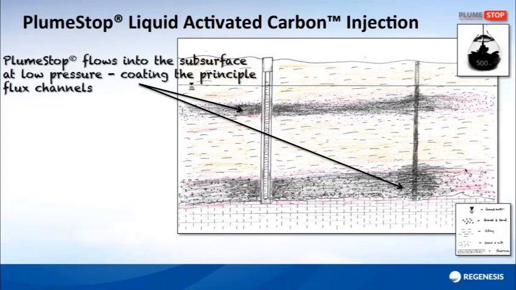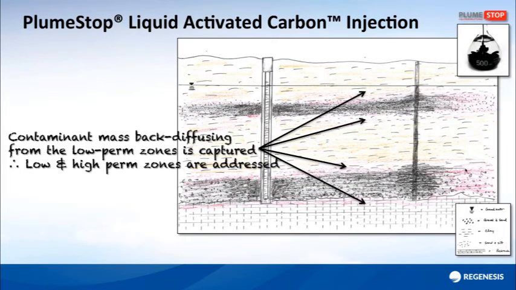Even though not much PlumeStop has got into the lower perm zones and none will have got deep into the competent clays, as the contaminant mass starts to back diffuse out of the lower permeability formation, it will get captured by the PlumeStop. And likewise, any mass which is advecting in from up gradient will get captured in the PlumeStop. So in this manner, the low and the high permeability zones are addressed.